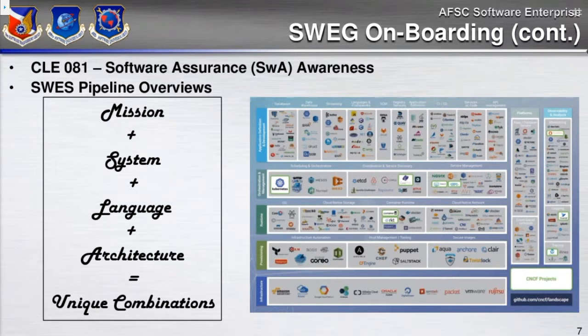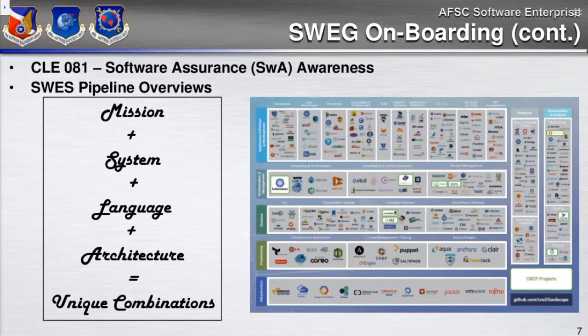And because of that, each of those pipelines has some intricacies to understand on how those work. So it's good to have common tools, but when you don't have common applications or common hardware, it's hard to have common pipelines. So within the SWEG, both at Hill, Robbins, and Tinker Air Force Base, we have lots of unique pipelines because of our unique mission sets.